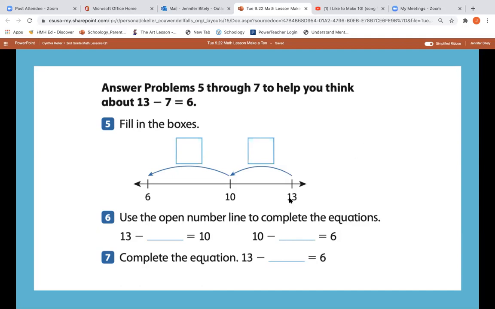We see it, we have 13, it gets to 6. So we know we're taking away 7. And you're filling in those boxes. Then you're going to use the open number line to complete the equations, just like we just did. 13 minus something equals 10, 10 minus something equals 6, and complete the equation that 13 minus something equals 6, okay? So teachers, pause this and come back to it in a little bit to go over it with your class.